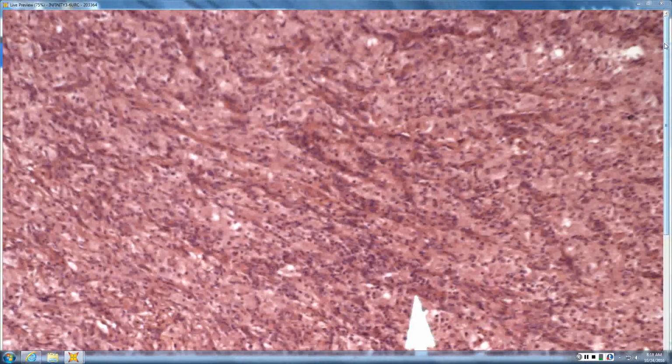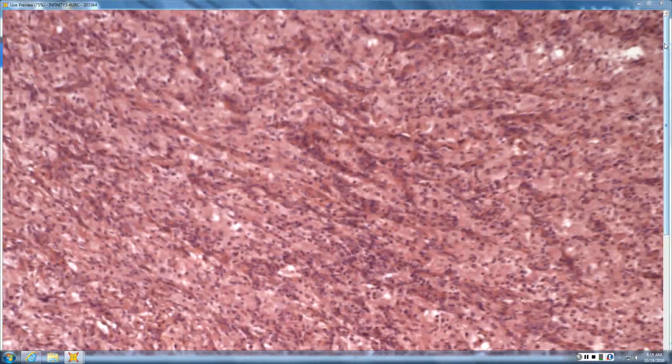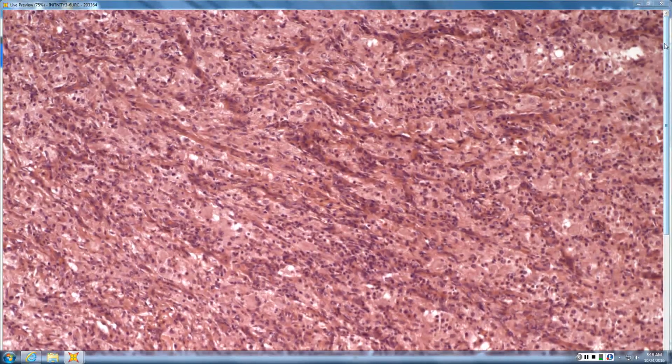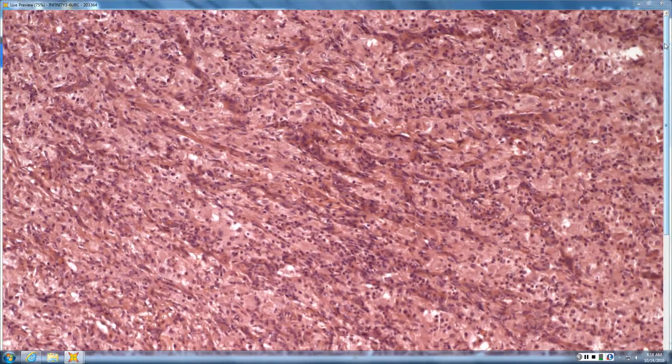And when you look at those sheets of amphophilic histiocytes, there are gray cells with a little bit of cytoplasm superimposed on them. So this is Rosai-Dorfman? Rosai-Dorfman, you are correct. What confirmatory stain would you get? S100. That's your easiest. They're usually strongly S100 positive.